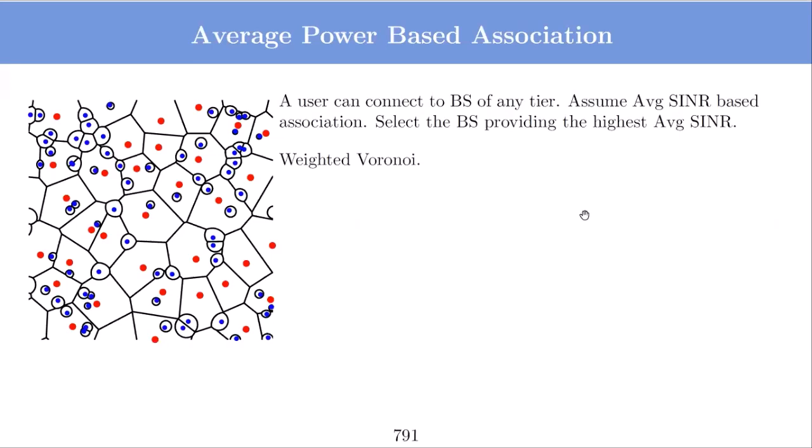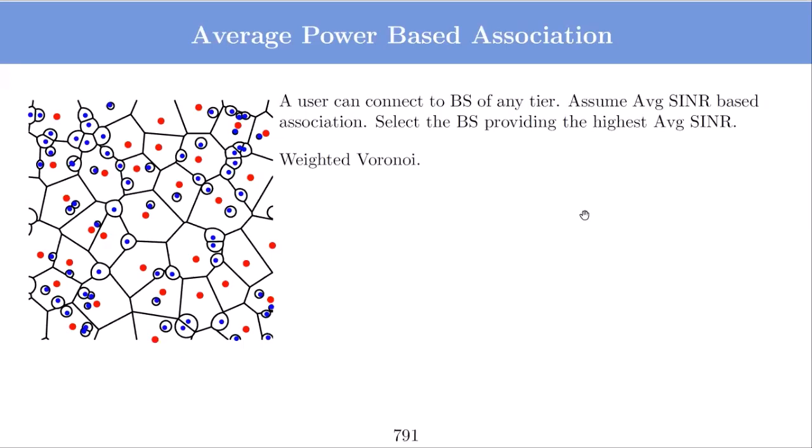In terms of the closest base station association, the coverage region of different base stations can be given by the Voronoi tessellation of the space. Okay, so you have multiple points. You compute the Voronoi tessellation of these points, and the coverage of each point will be given by the Voronoi cell of that point. In the case of multiple tiers, each base station has a different transmit power.